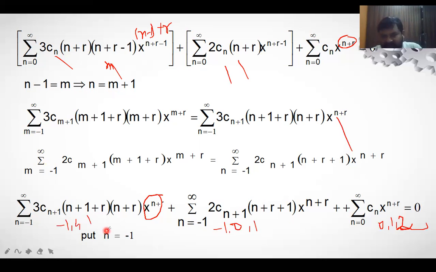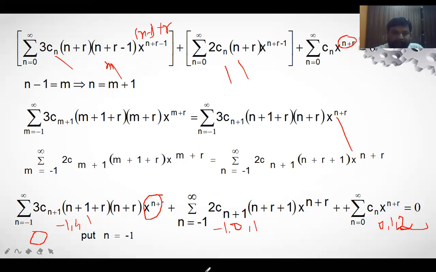That is 0 to infinity. What is the extra term? That is n equal to minus 1. We have to take out that minus 1 term and write the remaining as 0 to infinity. Similarly in this also. So in the first term and second term, put n equal to minus 1, write down that value, and write the remaining as summation n equal to 0 to infinity.